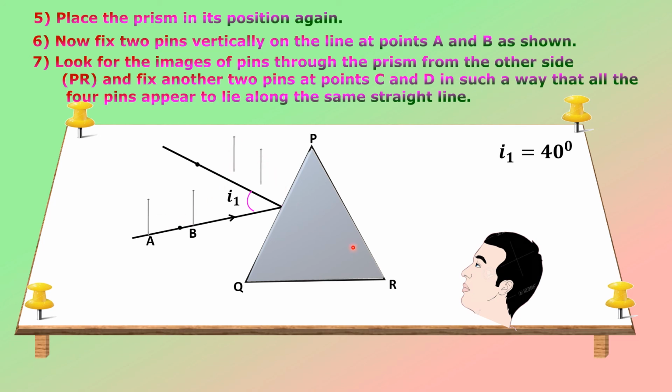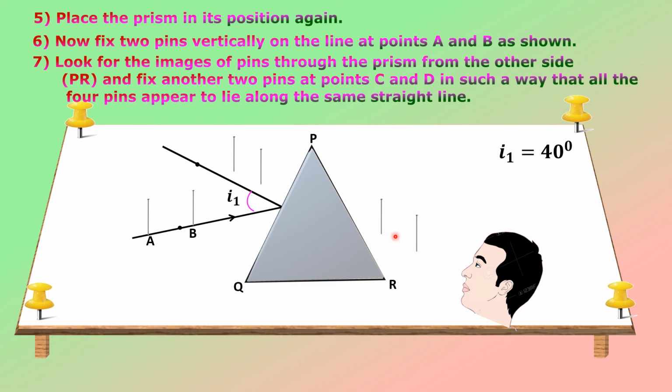Now he will fix two more pins at the two points C and D here in such a way that the two pins that I am going to fix and the images, all four, lie along the same straight line. Here is one pin, here is another pin.